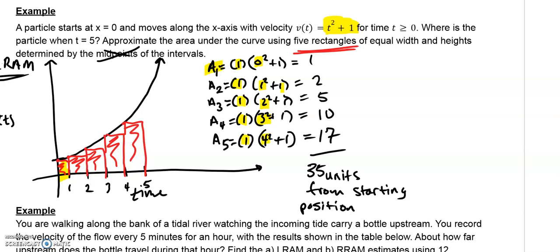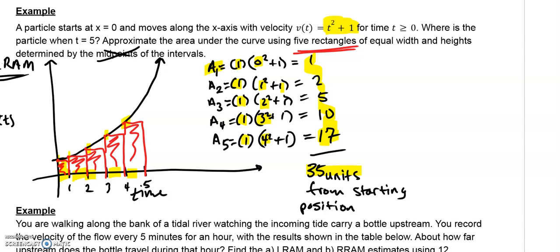Because these are the heights here, at t equals 0, 1, 2, 3, and 4. Okay, and then these are the areas, because I multiplied them by the widths, which are all 1. And we add all of those together, and we get 35 units from the starting position.